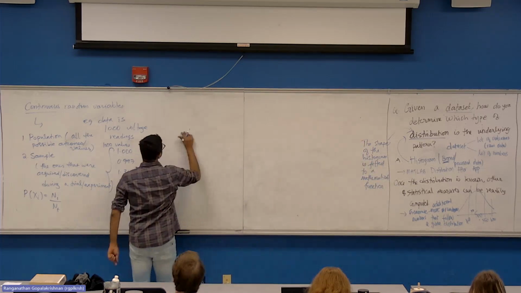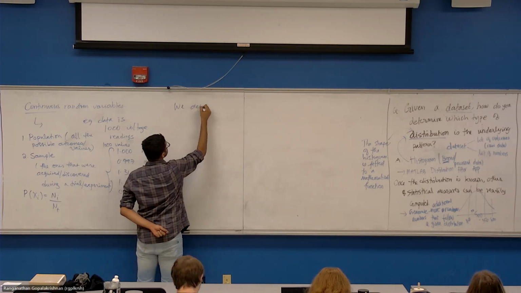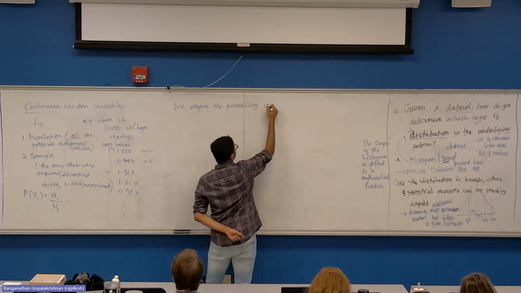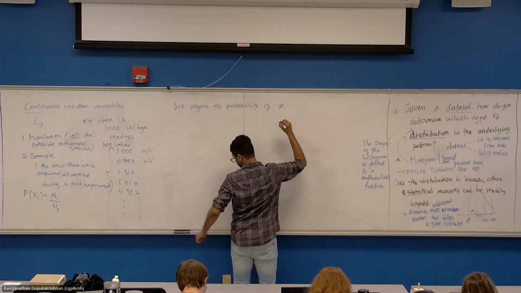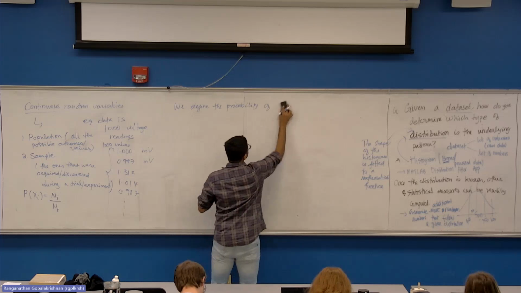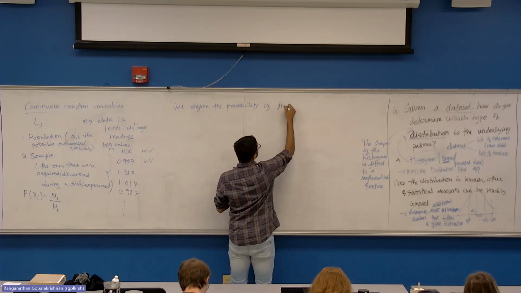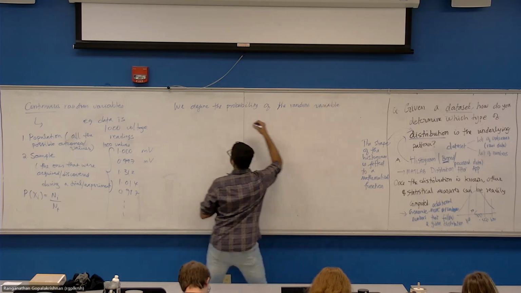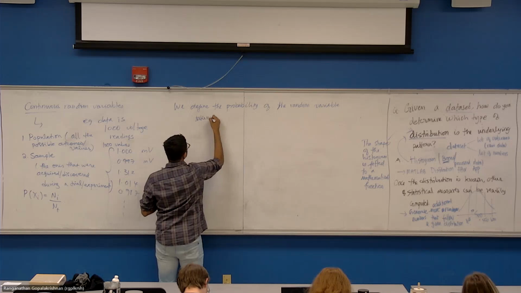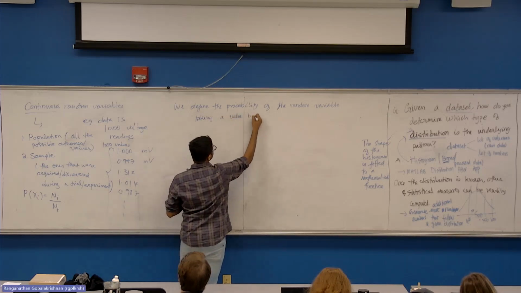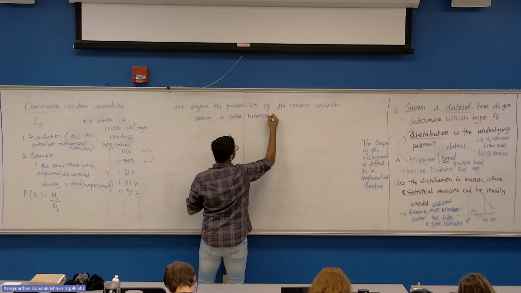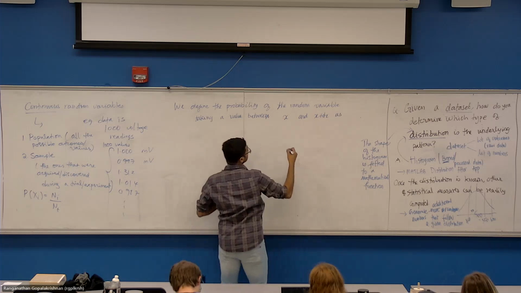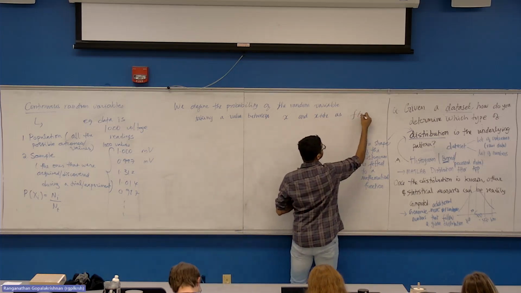For continuous variables, we define the probability of the random variable taking a value between x and x plus dx as f of x dx.